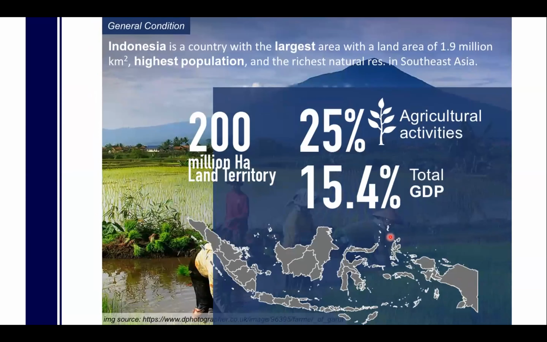Maybe briefly, Indonesia has 200 million hectares of land territory and 25% agricultural activities.